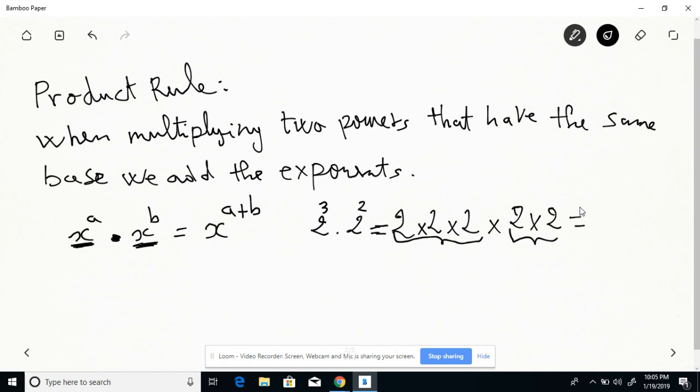The result here is going to be 2 times 2 is 4, times 2 is 8, times 2 is 16, times 2 is 32.